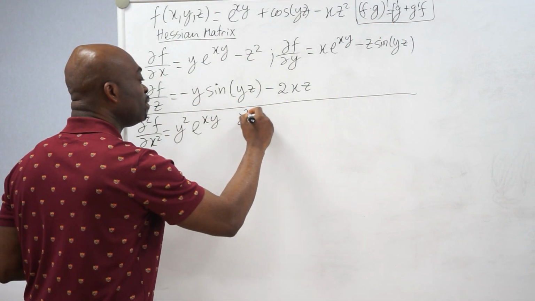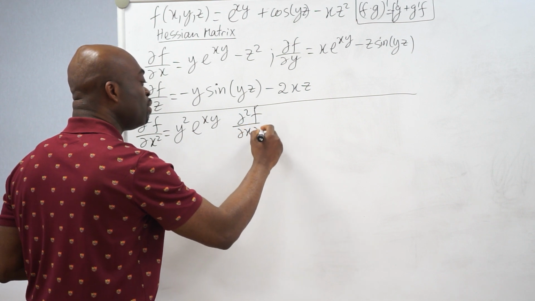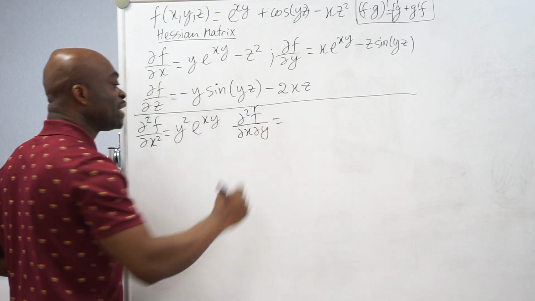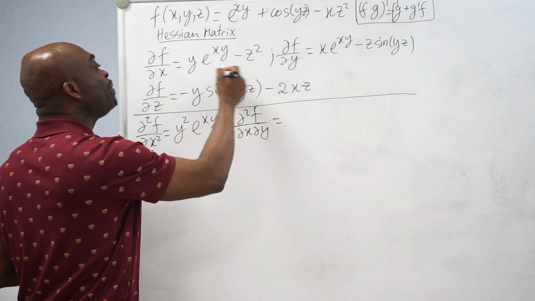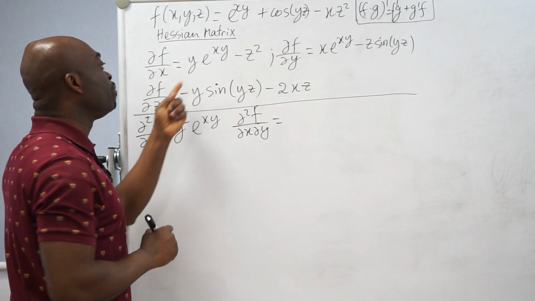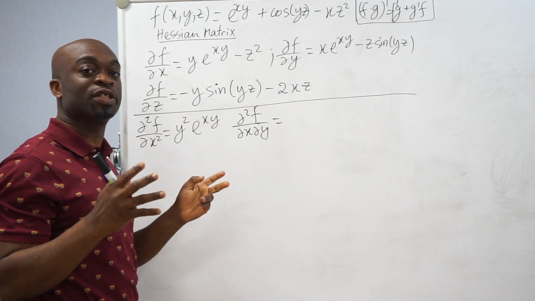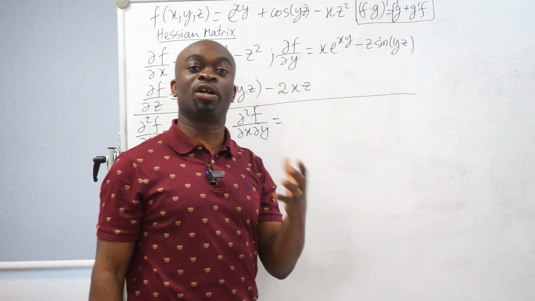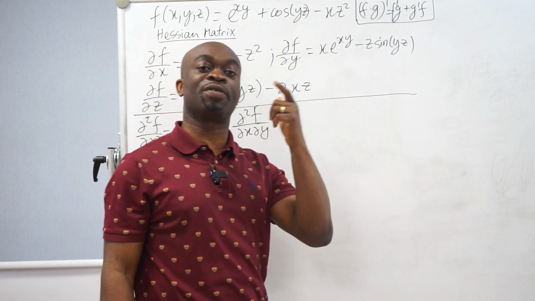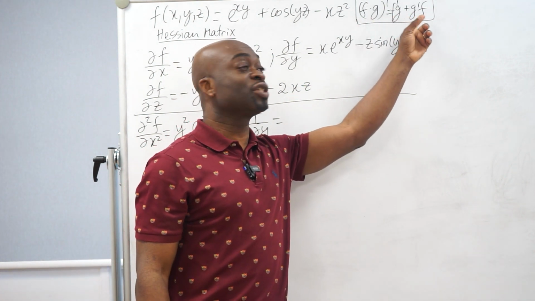So then, let's go now x with respect to y. Like we said, we're going to do x, y, and then z. So now we're getting y e^(xy). We have 2 functions, the product of 2 functions, and the derivative of the product of 2 functions is f prime times g plus g prime times f.